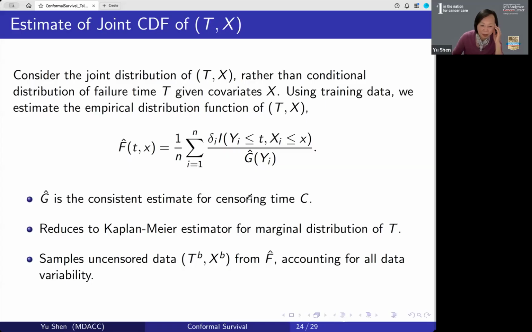But to make sure this conformal predictive interval is theoretically proper, we have to assume this is consistently estimated. I see. Thank you. That's my question.